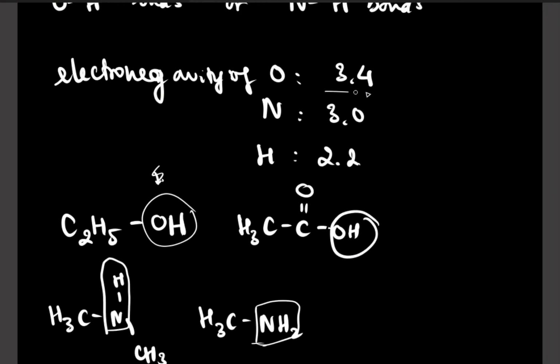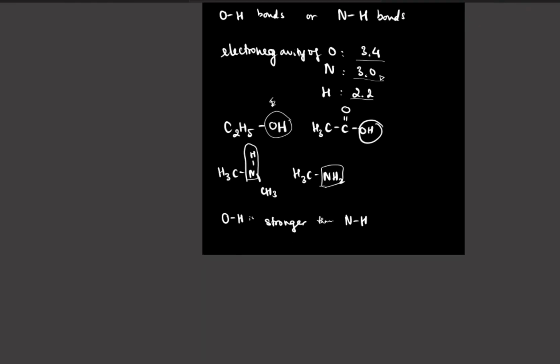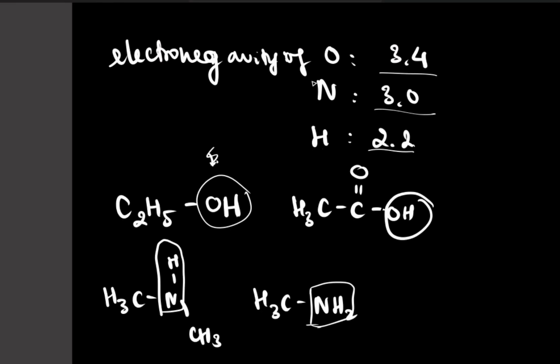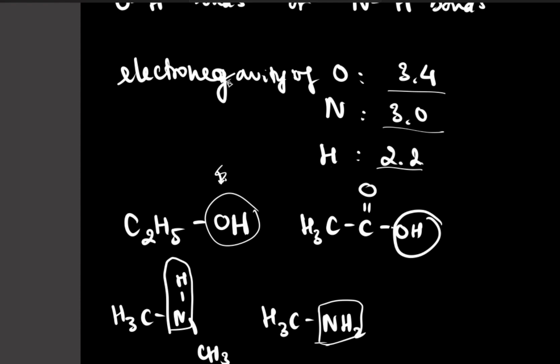The difference between oxygen and hydrogen is going to be 1.2, and for nitrogen and hydrogen, that is just going to be 0.8. So because of the higher difference in electronegativity. I'm sorry, I kind of misspelled it.